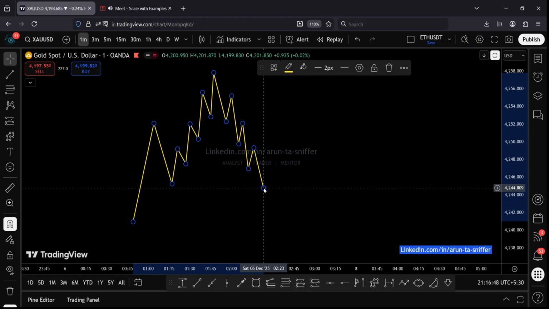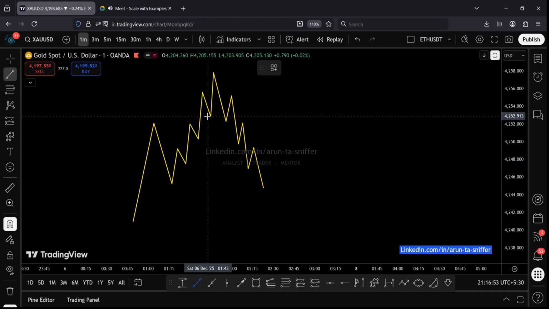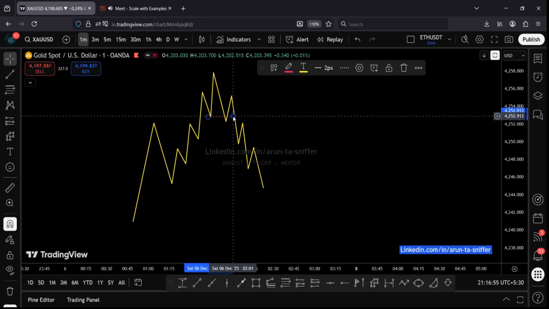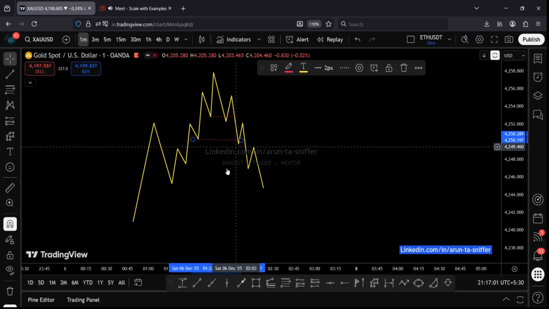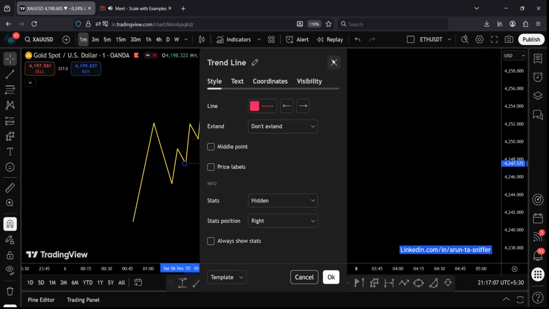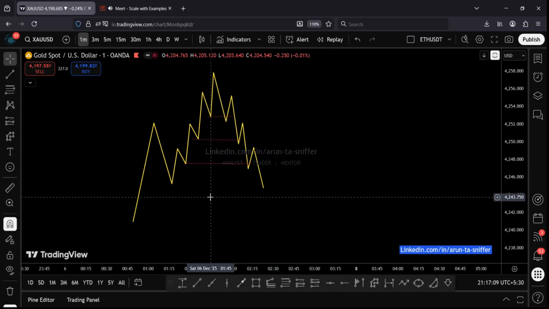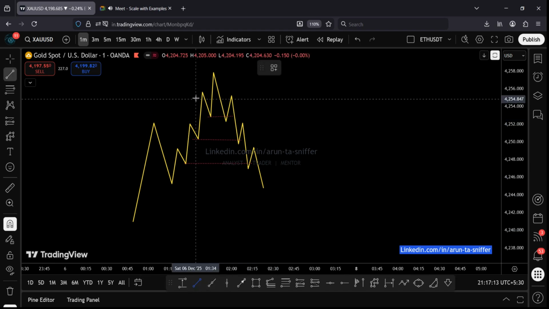Then what will happen? Let's draw the lows here. This is the low, engulf this low, engulf this low, engulf, and what happened? For every engulf, price has reached the respective LSK.